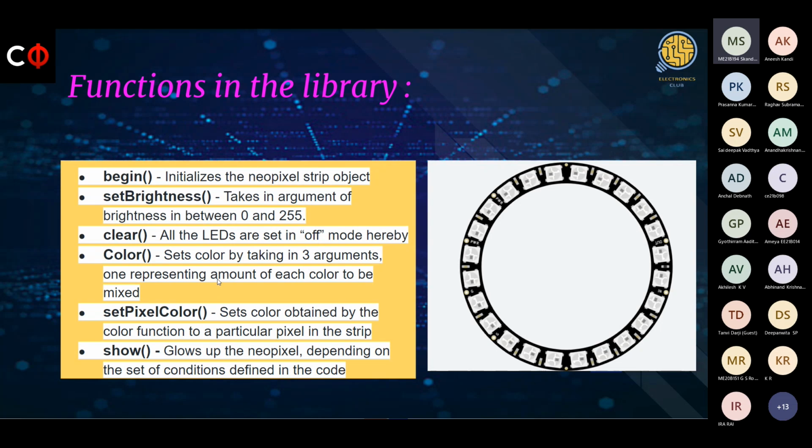Basically, we write functions as in a real programming language to reduce the size of the code. So when you put all the set brightness and set pixel color functions, at the end it is mandatory that you put the show function, which glows up the NeoPixel depending on whatever conditions or set of parameters that you set for them.